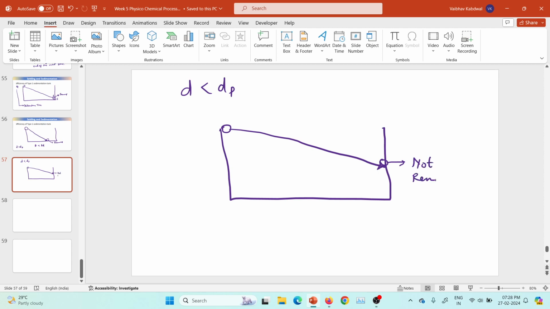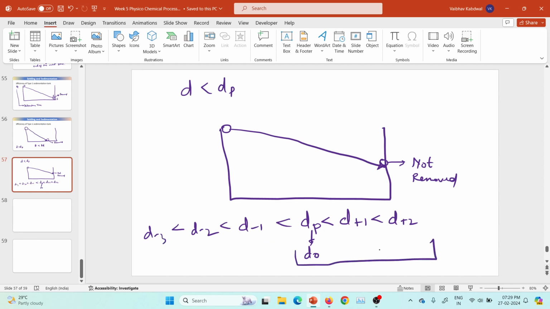So we have particle sizes like d now, dp, d plus 1, d plus 2. The design particle, we took it as d naught also. Then d minus 1, d minus 2, d minus 3. So their removal will be 100%.